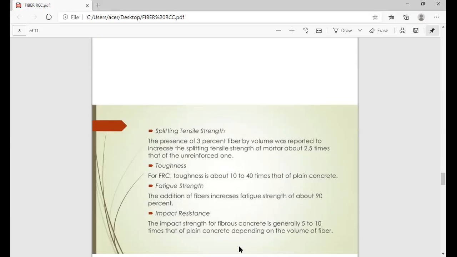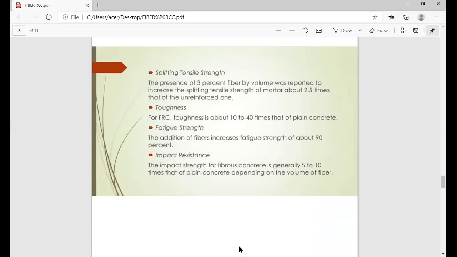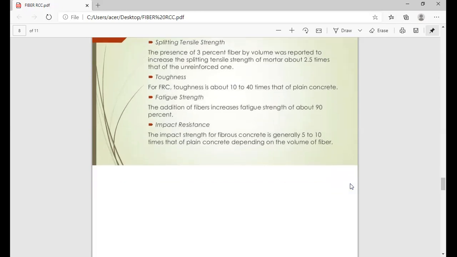And for fatigue strength, the addition of fiber increases the fatigue strength by about 90%. If we are talking about impact resistance, the impact resistance of fiber concrete is generally 5 to 10 times that of plain concrete, depending on the volume of fiber.